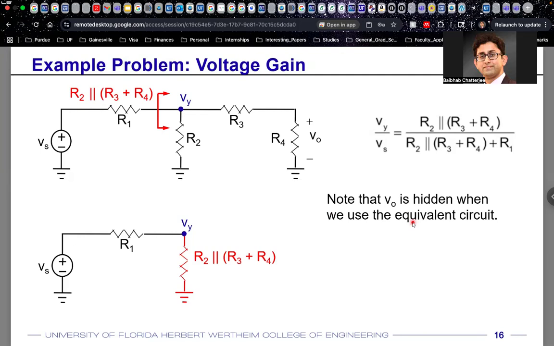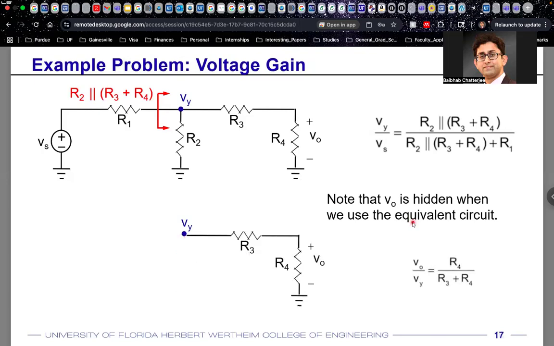So your complex resistance, R2 in parallel with R3 plus R4, will be in your numerator, and your denominator will be R1 plus R2 in parallel with R3 plus R4. Okay, that is again just from the basic formulas of voltage division. All right, so that is your Vy, the voltage at this node.